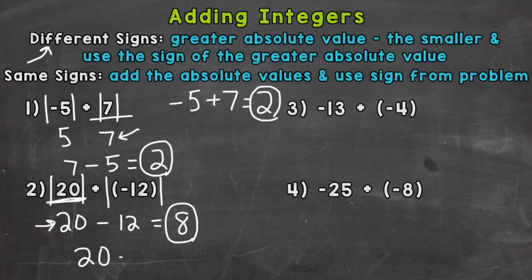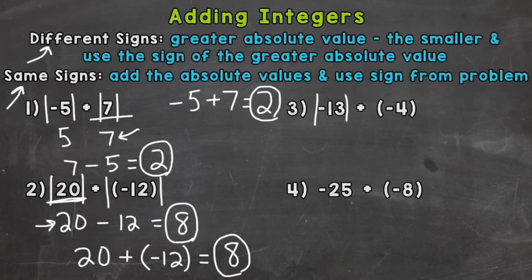A third example. Here we have 2 same signs, which are negative and negative. If the same signs are there in the addition process, we're gonna add the absolute values or the magnitudes and finally use the sign of the numbers.